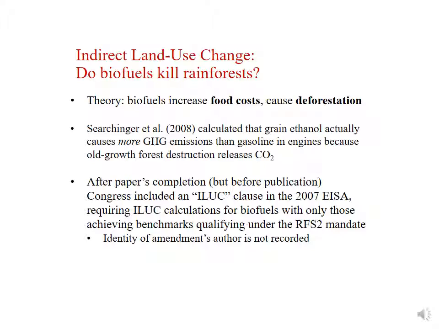However, there's been a lot of debate surrounding this article, which appeared in Science, a notable journal. After the completion of the paper, but before it was finally published, Congress had to change some of its rules on the Environmental Act in 2007 and the Energy Independence and Security Act of 2007, requiring that indirect land use change calculations should be included in the calculation of the emissions of biofuels.